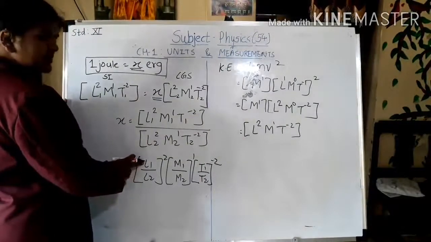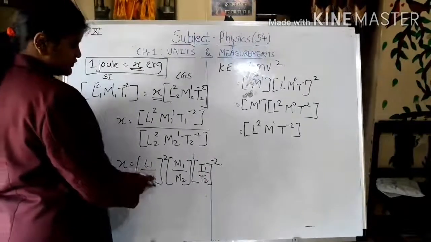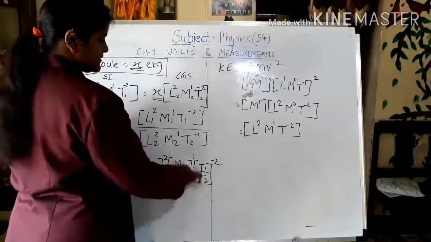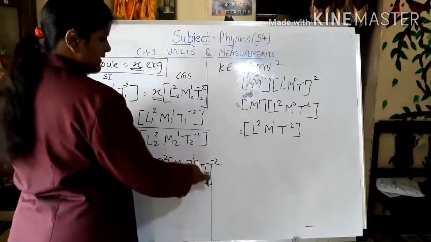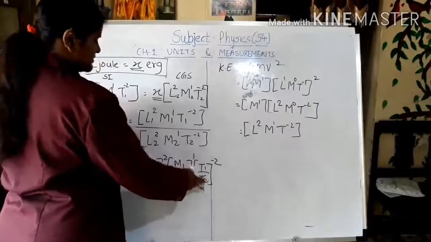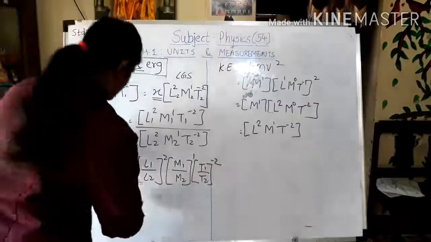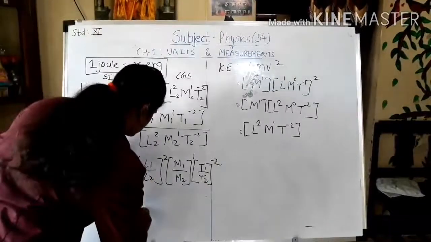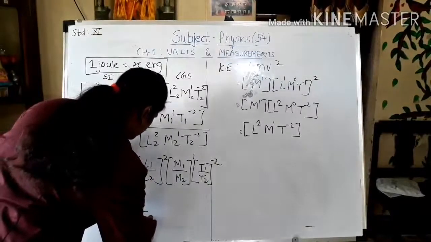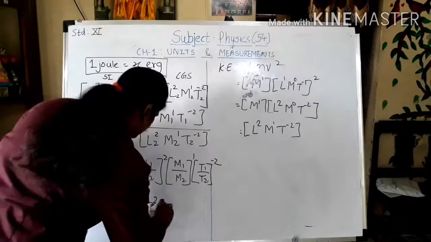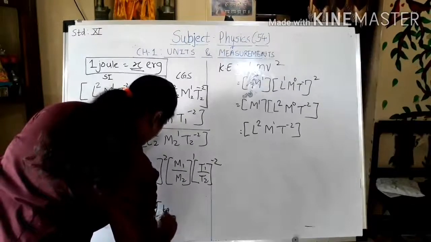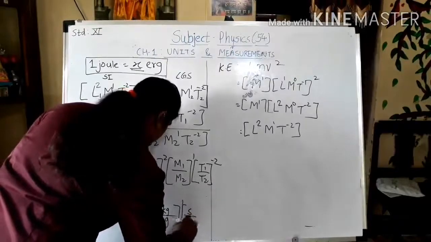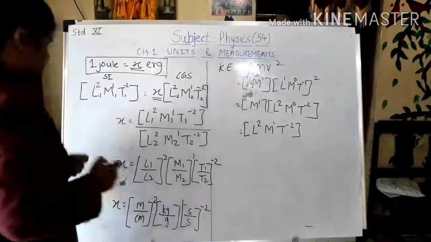L1 is length in SI, L2 is length in CGS, M1 is mass in SI, M2 is mass in CGS, T1 is time in SI, T2 is time in CGS. Now we are going to put in the values for all of them. So x is equal to meter in SI, centimeter in CGS, kg upon gram, and second upon second raised to minus 2.